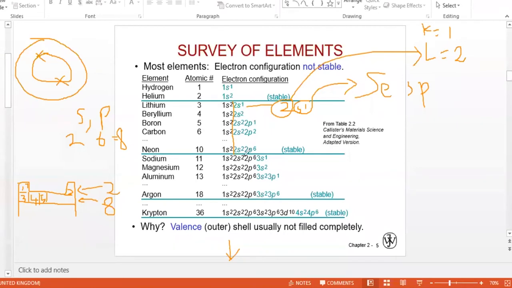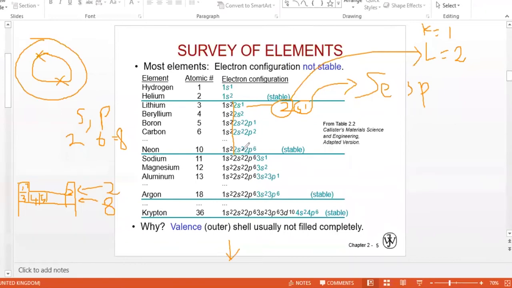In the s orbit the maximum is 2. So until the last element, neon, we will have 2s2, but the p will keep on increasing: 2p1, 2p2, 2p3, like that. In neon, it is 2s2 and 2p6.